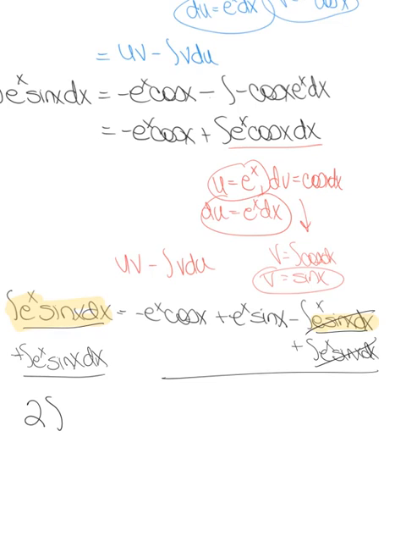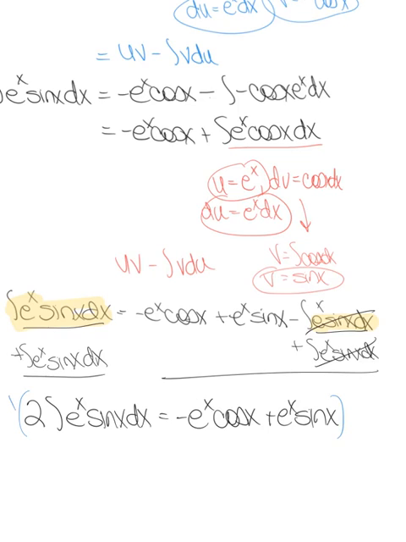So I'll have 2 times the integral of e to the x sine of x dx will be equal to a minus e to the x cosine of x plus e to the x sine of x. And remember, I'm not solving for 2 times it, I'm solving for just the integral. So algebra says we would then divide each and every term by 2, or simply multiply each and every term by 1/2.